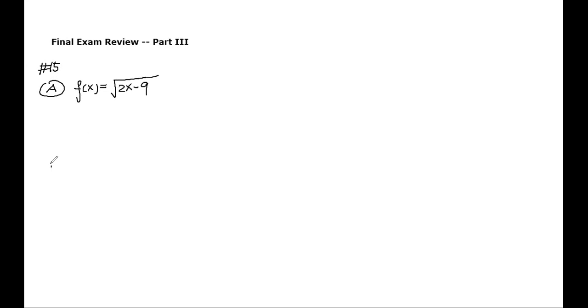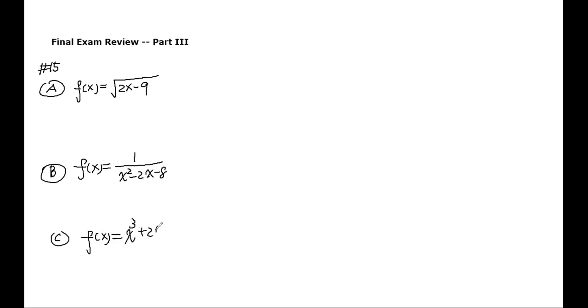And then the second one here, it will be f of x is equal to 1 over x squared minus 2x minus 8. Part C here is f of x is equal to x cubed plus 2x squared minus 1 over 1 minus x.